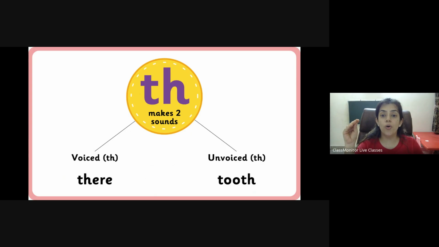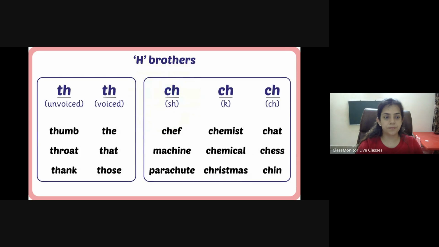This is called your voiced TH. And when TH gives you the sound th, you can't feel any vibration. So that is called the unvoiced TH. Right? So TH gives you two sounds, everybody. The first is the and the other is th, which is your unvoiced TH.